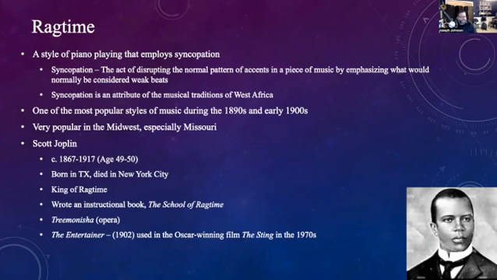A lot of their style comes from things heard in ragtime and early jazz. So ragtime, this is late 1800s. It's basically a style of piano playing, and it uses a lot of syncopation.